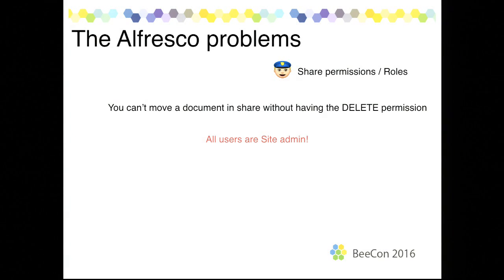For 4, it's different. I have Alfresco 4.0. Now it's 5.1. I found another solution, a better solution. Maybe I will implement it later. But for the moment it works. But it's dangerous. I don't like this. Everyone is admin, site admin. So basically this is all.